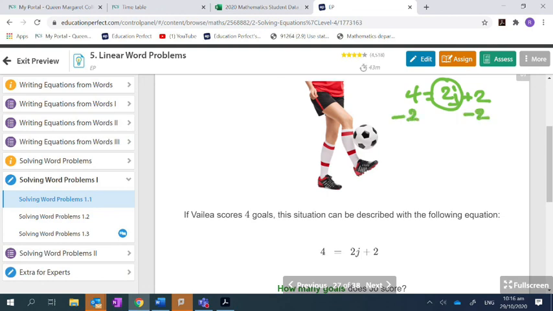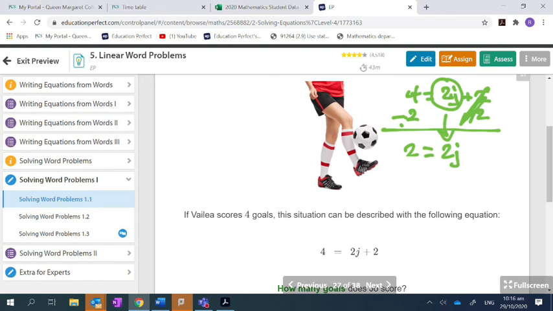So we'll do that by the opposite of add 2, which is subtract 2, which gives us 2 equals 2j, because that just subtracts away. All I did was subtract the 2 from both sides. So 4 minus 2 gave me this 2. These 2 subtract away, and so I just brought that down.